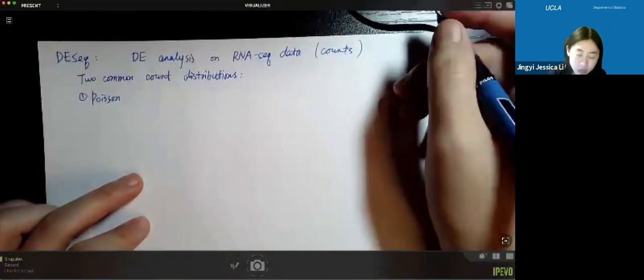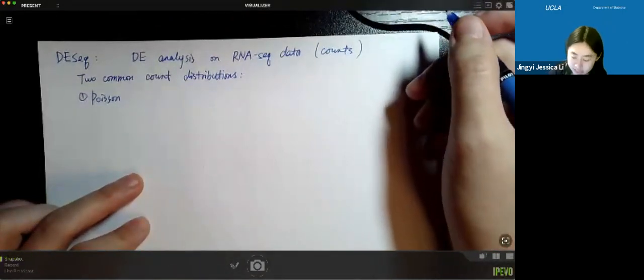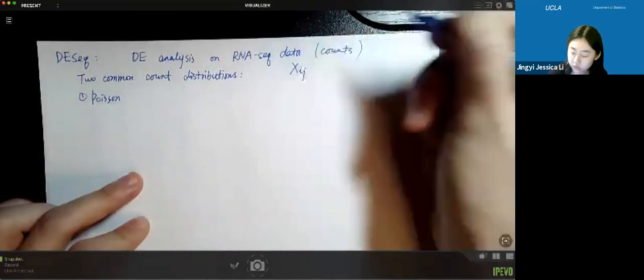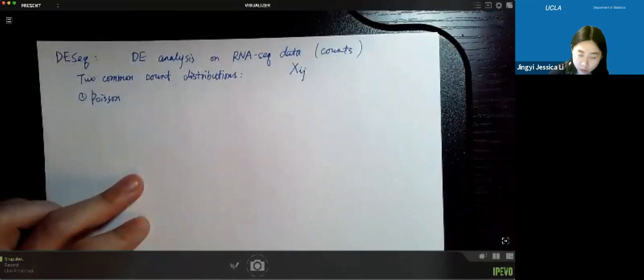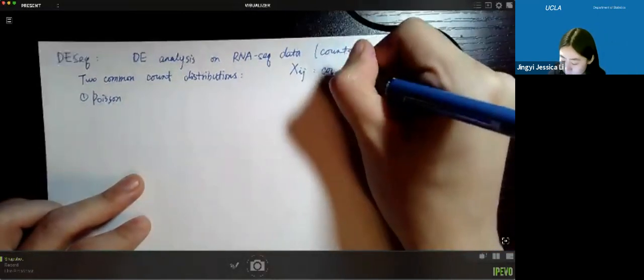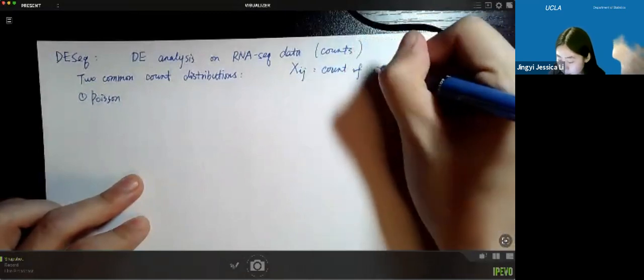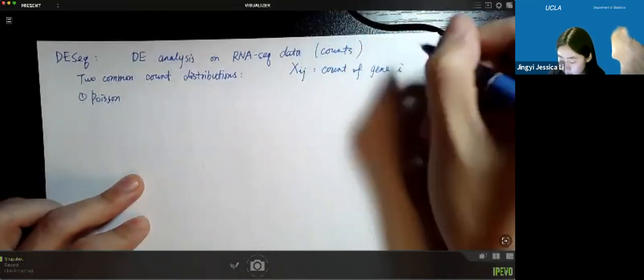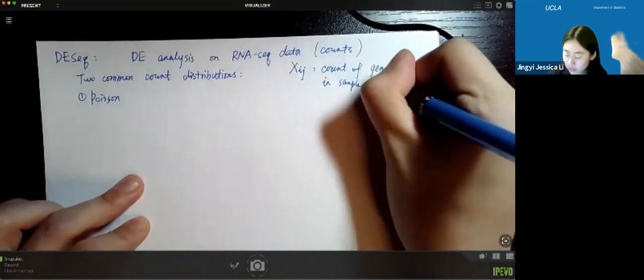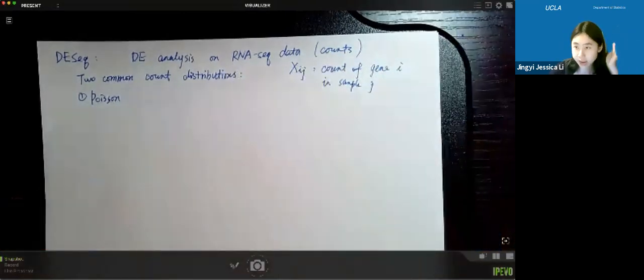So let's say that we are interested in x_ij. I'm going to use this notation. So I will say this is the count of gene i in sample j. That's the count data we obtain from RNA-seq.